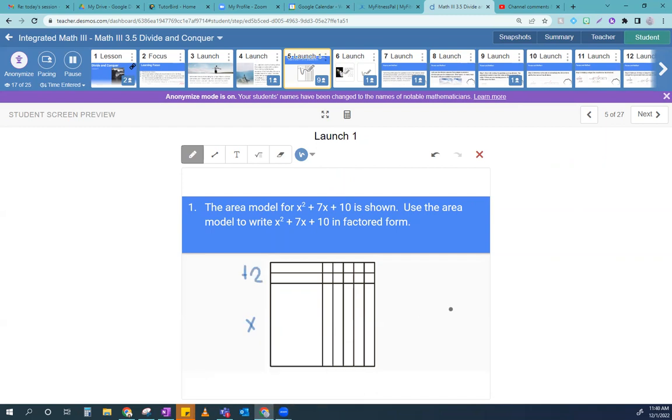See my x plus 2? Yes. And then over here, what would that be? If this is x plus 2, what is this side here? It'd be x. Very good.